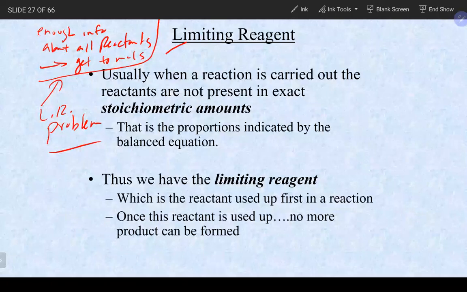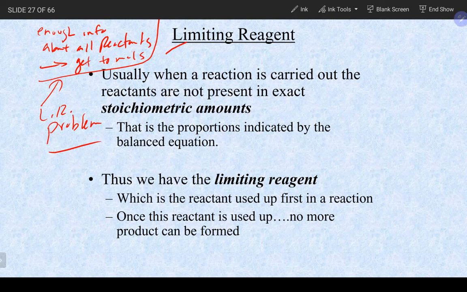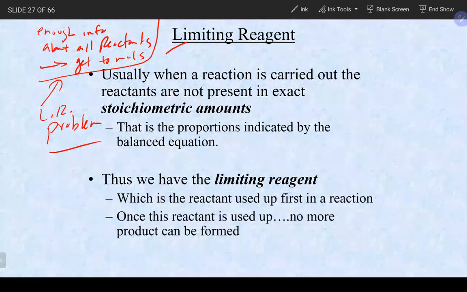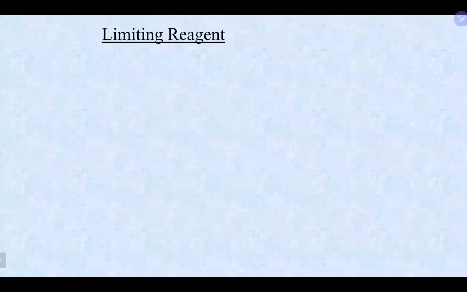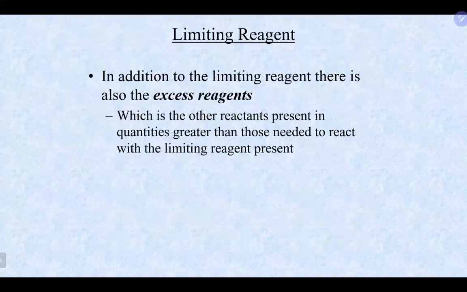So that's why we just jump right into the stoichiometry part when you're given information about one reactant. But definitely if you're given information about both reactants and you have a way to get both of them into moles, you do need to take that additional step to figure out which one is the limiting reagent.